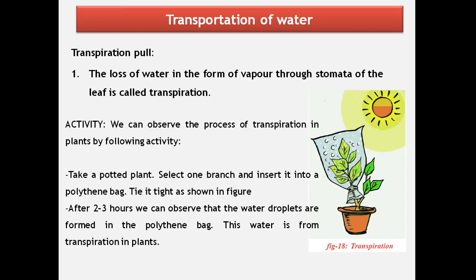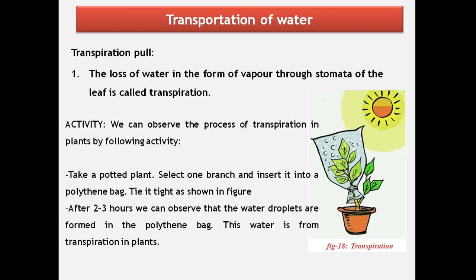What about the redwood trees of California, which are nearly 100 meters in height? Root pressure is not sufficient to supply water to such heights. In addition to root pressure, another factor, that is transpiration pull, is there to transport water in plants.